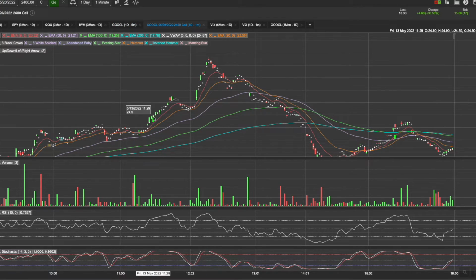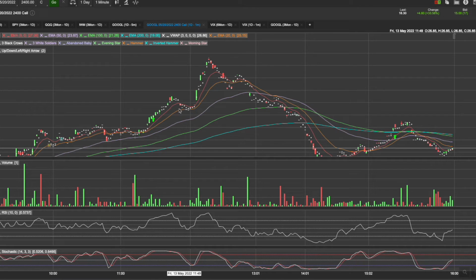Right in here is where I sold around 11:30, and 25 to 25.50 is what they were worth. Right over here is that high point, and they're only worth 23.